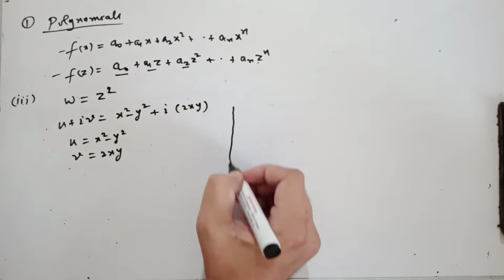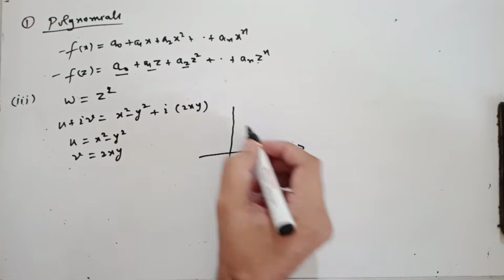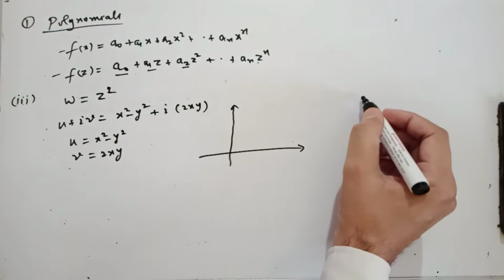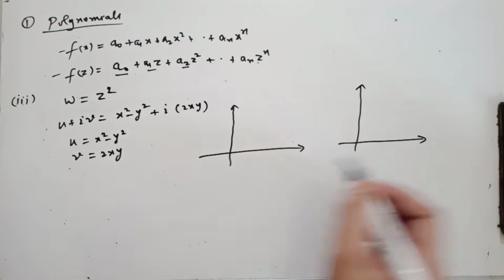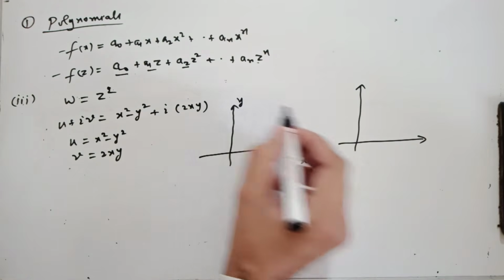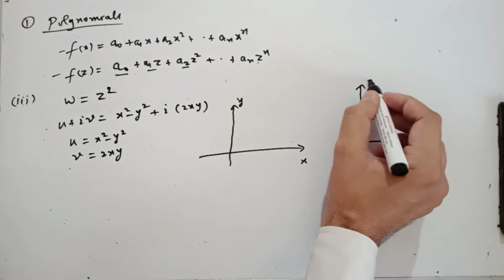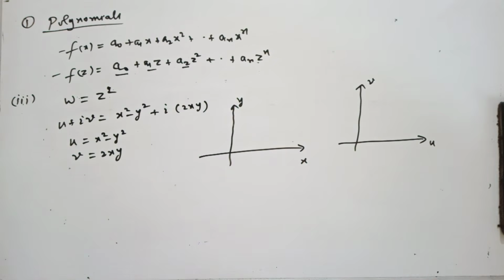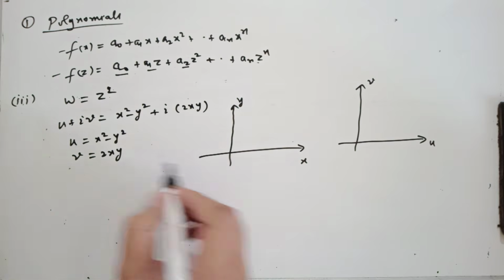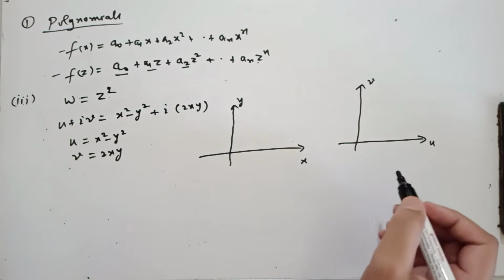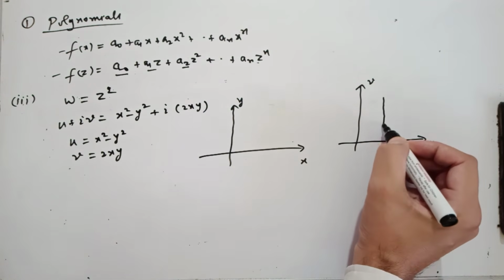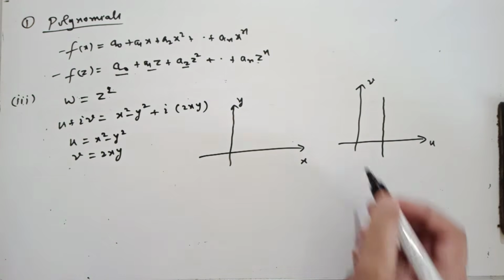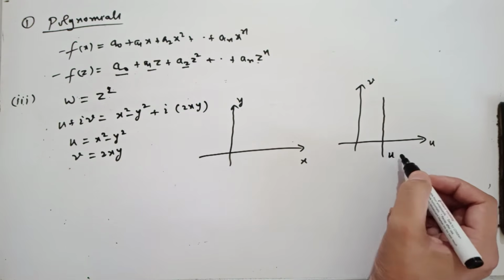Okay. So we can see the correspondence of some standard things under this mapping. This is the xy plane, this is the uv plane. When u is constant, it is a straight line parallel to the v-axis.